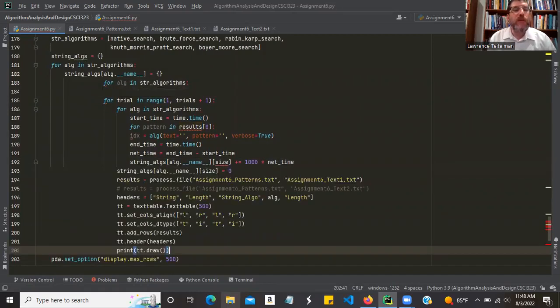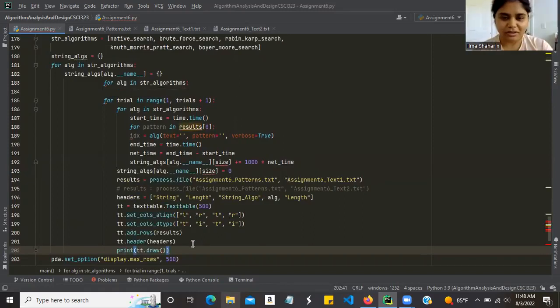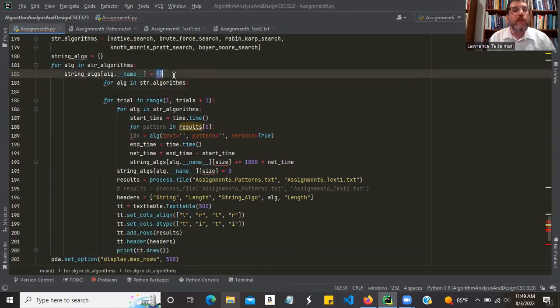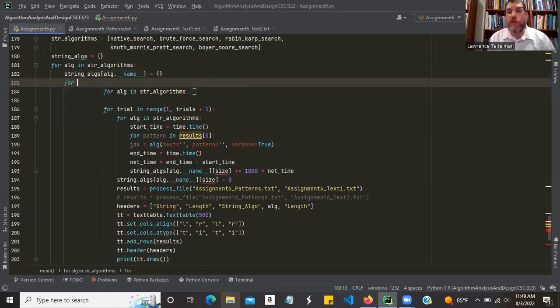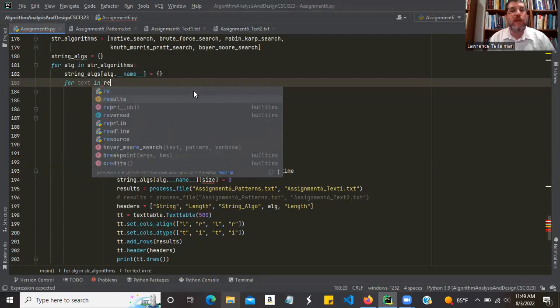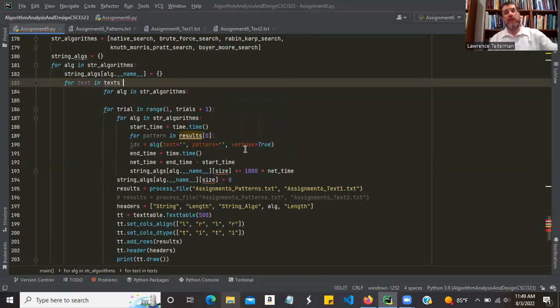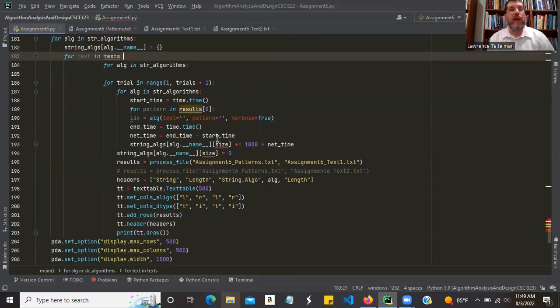Okay, so somewhere here, you're gonna want to go up. So you need to have a triple nested loop. So the order can change. In other words, you could do for alg in string algorithms, and then you can do for text in text. You know what? Maybe just read in the 2 texts as 2 texts. So instead of process file like we did in class, do this.